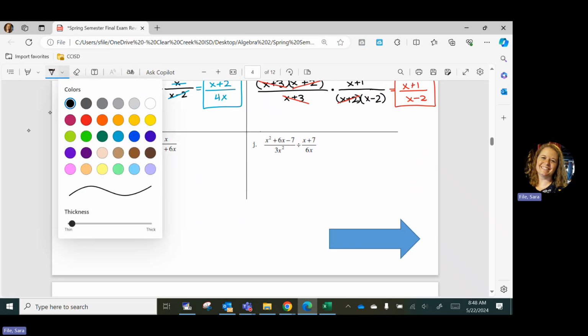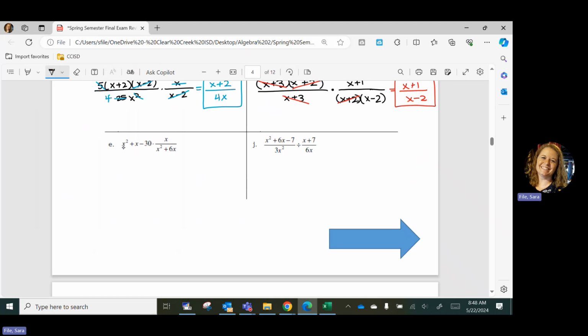All right, in this last multiplication one, I'm going to factor this one on the left, and it's understood to be over 1 if you want to write that. Let's see, the factors of negative 30 that add to 1 would be positive 6 and negative 5.